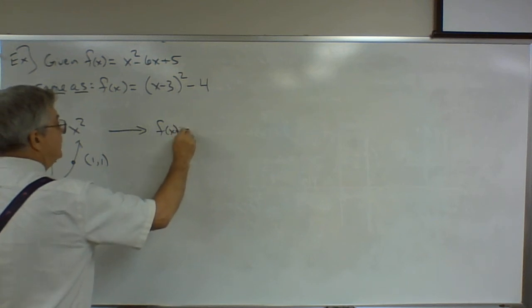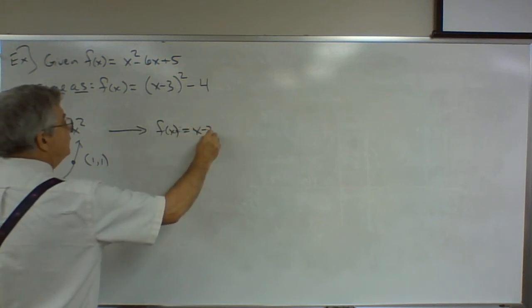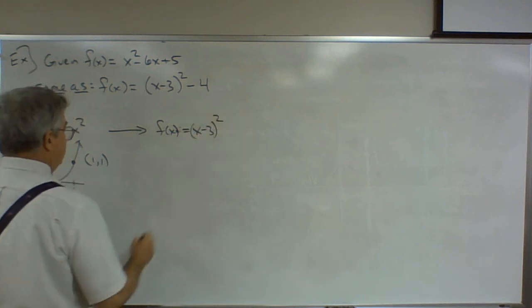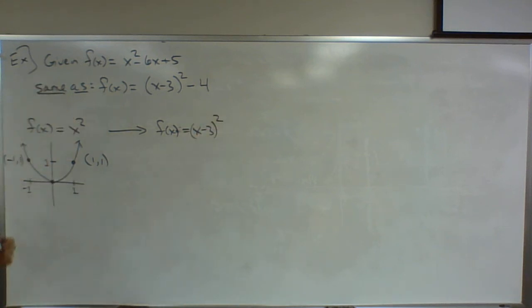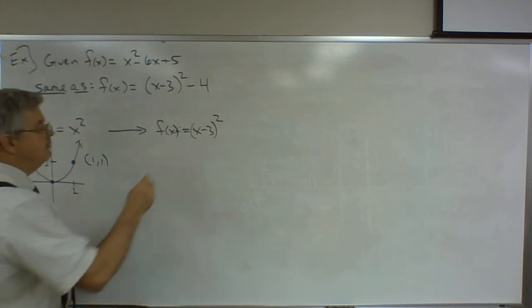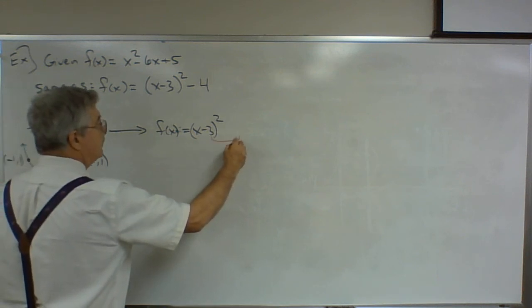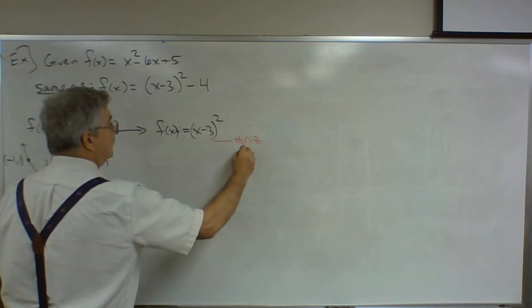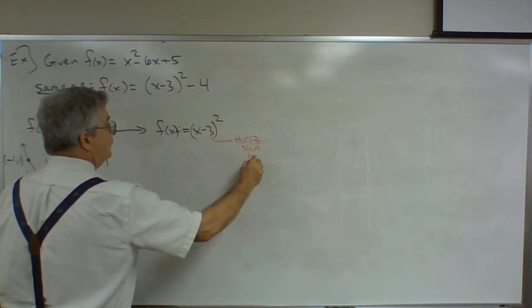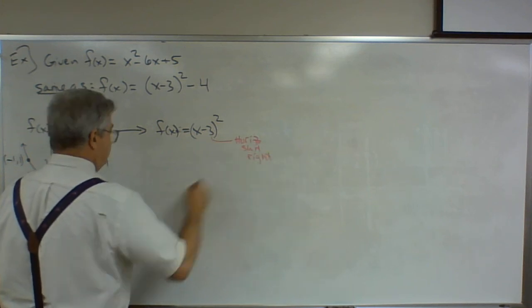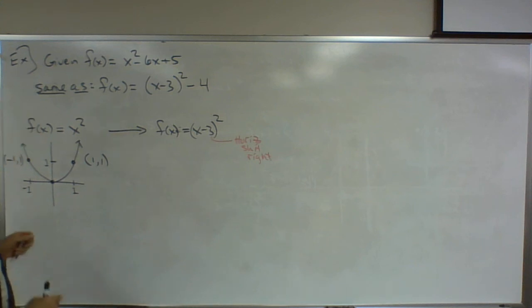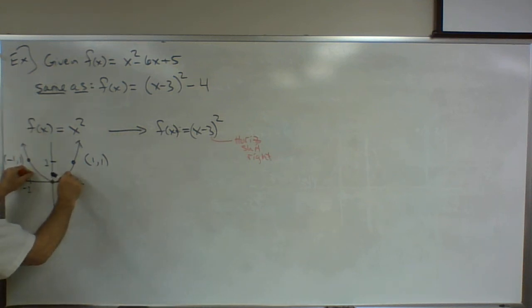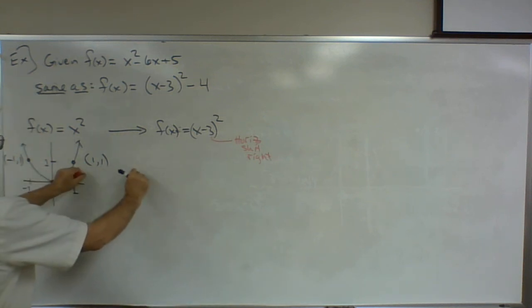F of x equals x minus 3 squared. And as we said, this is a horizontal shift to the right 3 units. So I'm going to pick this graph up and move it 3 units to the right.